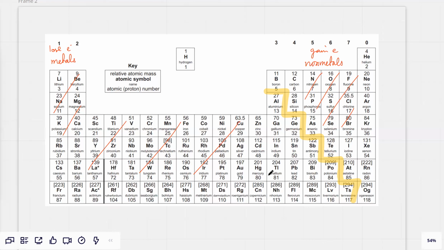But it's a gradual change. It's not like there's this very sharp boundary. If you want to classify them, you'll classify these as metals and the other side as non-metals, but it's not a sharp boundary. It's going to be a gradual change from metals to non-metals. Is this point clear?